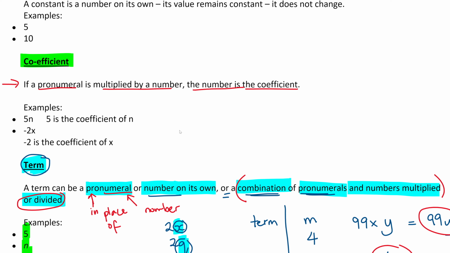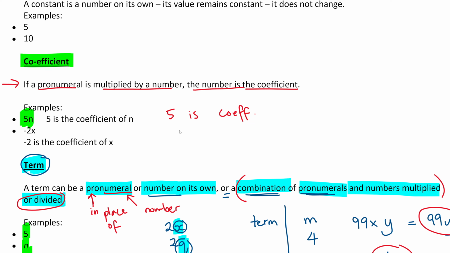So we've got a term right here that we just spoke about. This term is 5 times n. So the coefficient is 5. Now I'm just going to abbreviate this.